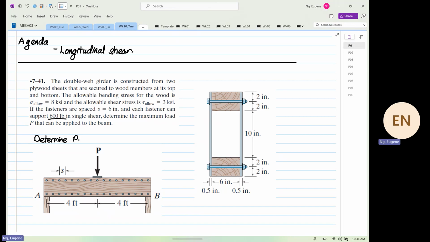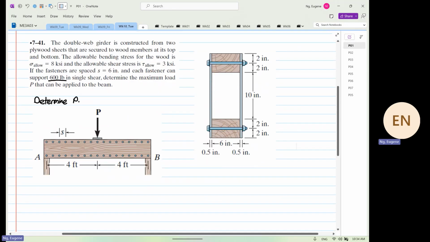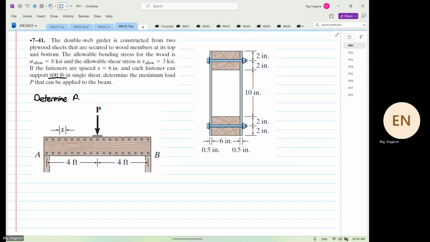Now, before I go on, okay, let's look at the question. This has a lot of layers. So what do I mean by layers? First, given to us is the allowable normal stress, which is equal to what? It is equal to 8 times 10 to the power 3 psi.